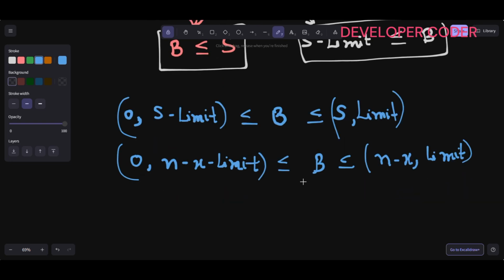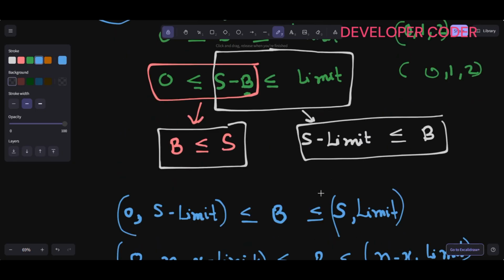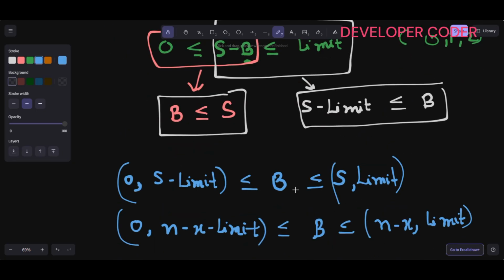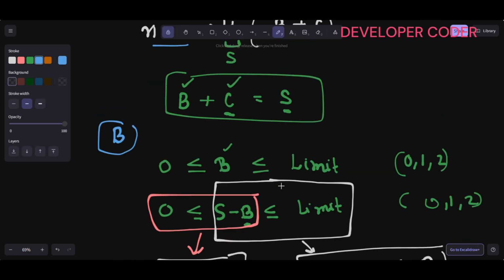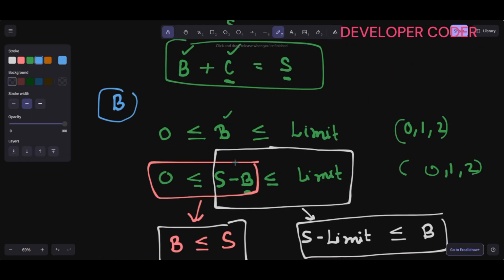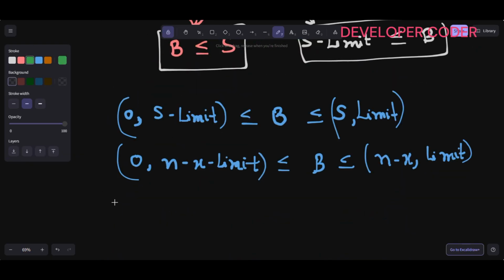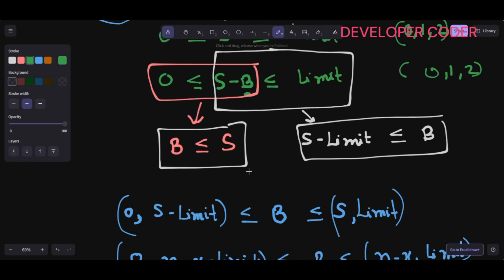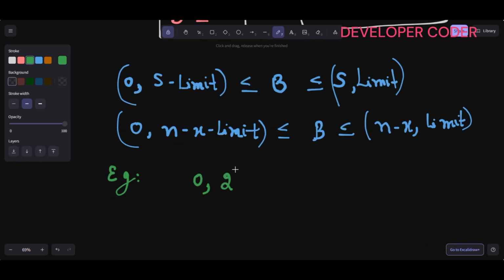Now this is the range, and these values are inclusive, less than or equal to. In our case, the N minus X value is coming out as 4. So if I take the example, 0, and here I place N minus X as 4, 4 minus limit 2, and B should be less than or equal to N minus X, which is 4, and 2, and the limit is also 2.